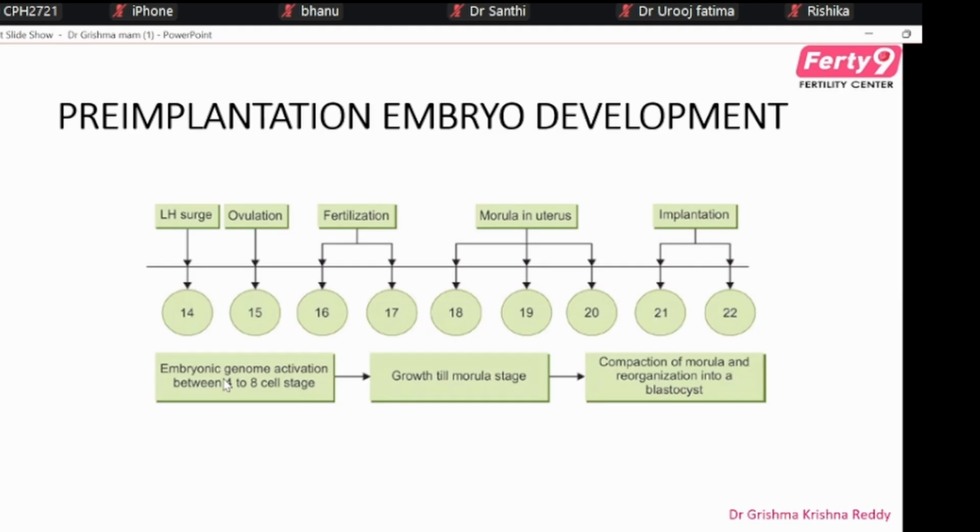So embryonic genome activation will be there. From day 3 to day 5, it is the embryo. Because of embryonic genome activation only, the embryo will grow from day 3 to day 5. So growth till the morula stage, then compaction of the morula into a blastocyst.